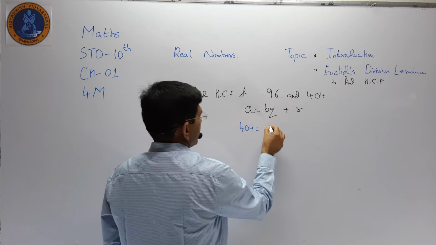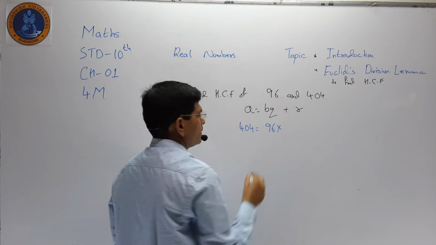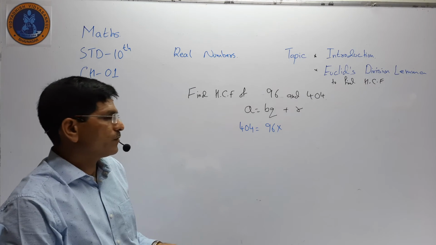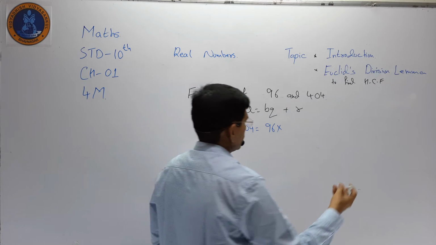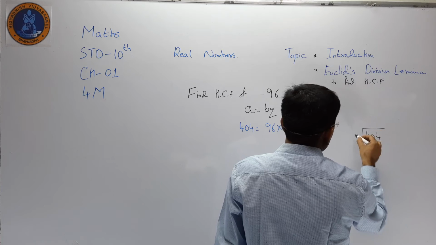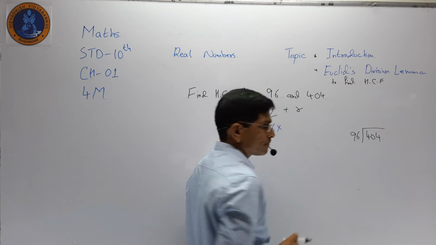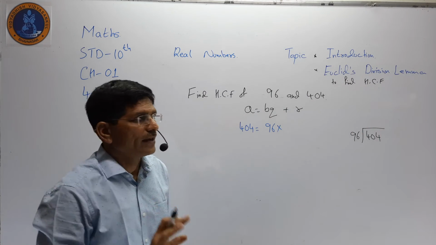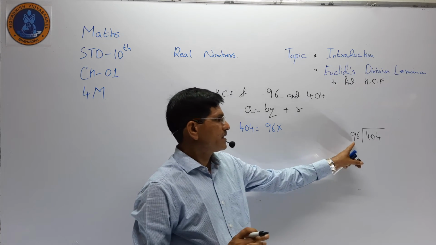What is B? That is 96. So what step do we have to go to now? We have to go for 404 divided by 96. If we go for 5, then 96 times 5 is 500.